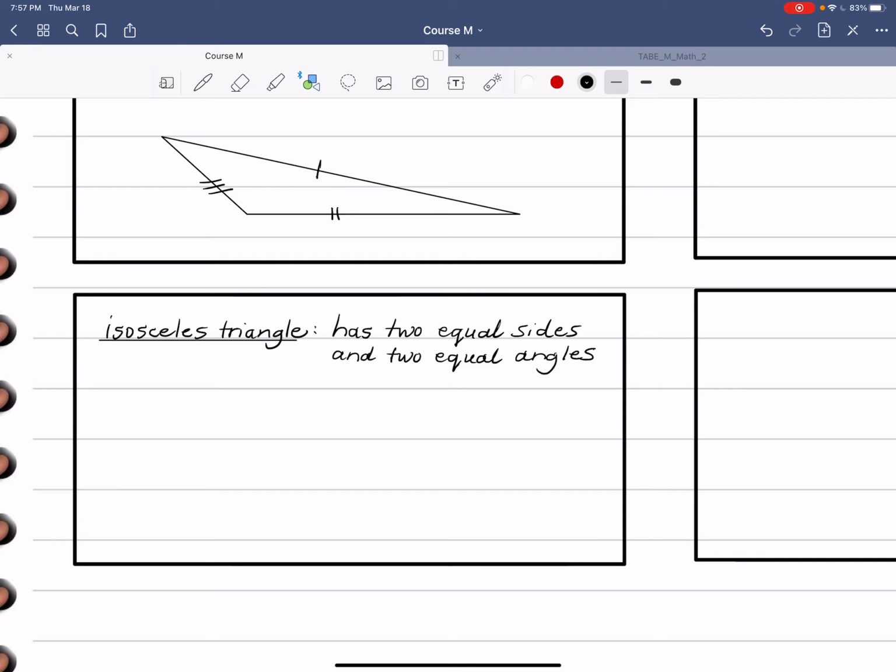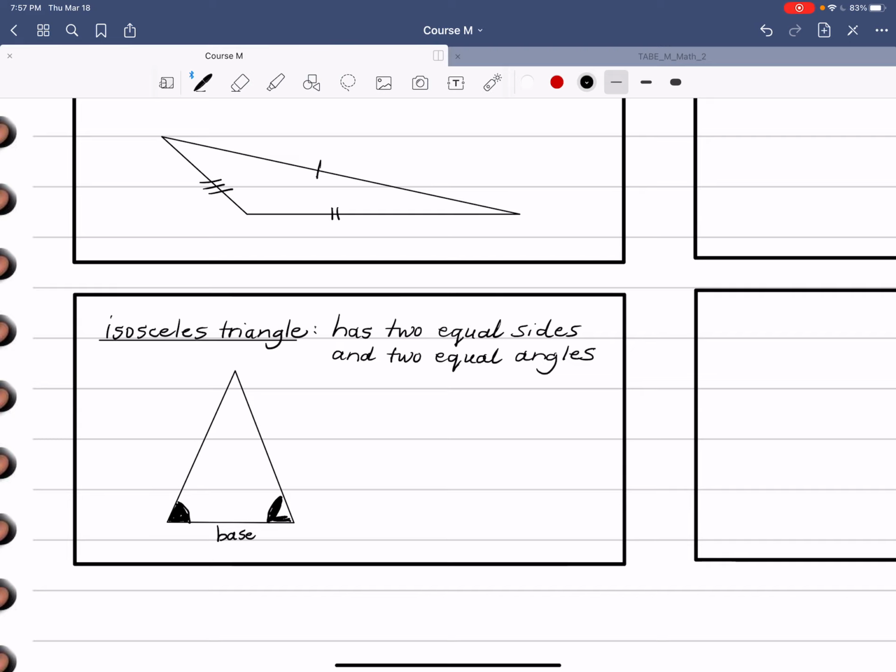And here is a picture of an isosceles. These 2 angles, which are called the base angles, are the equal ones. So if you want to go ahead and color those to indicate that they're equal.